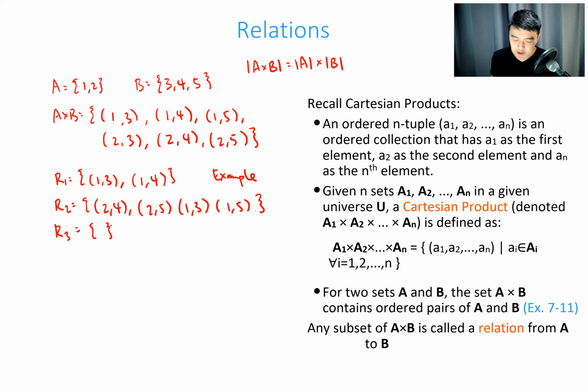Now, what would be a good practical example of A cross B, or for that matter, a relation from set A to set B? Let's say, for example, we have a set of students in set A, and in set B, we have a set of courses. What would we get if we take A cross B in that case?